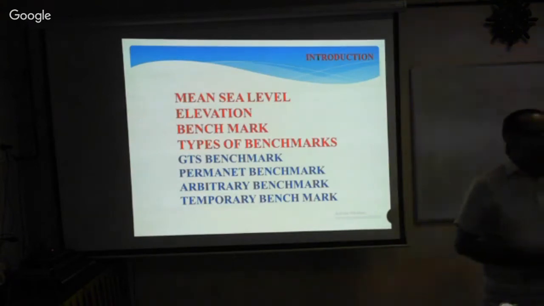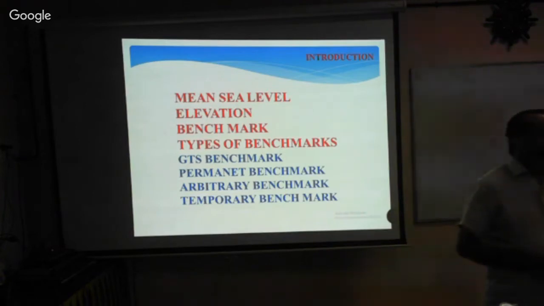One is the GTS benchmark, from the Great Trigonometrical Survey Department of India. It is an Indian government department exclusively for this work. They establish benchmarks all over the country, in prominent places like churches, temples, bridges, dams.